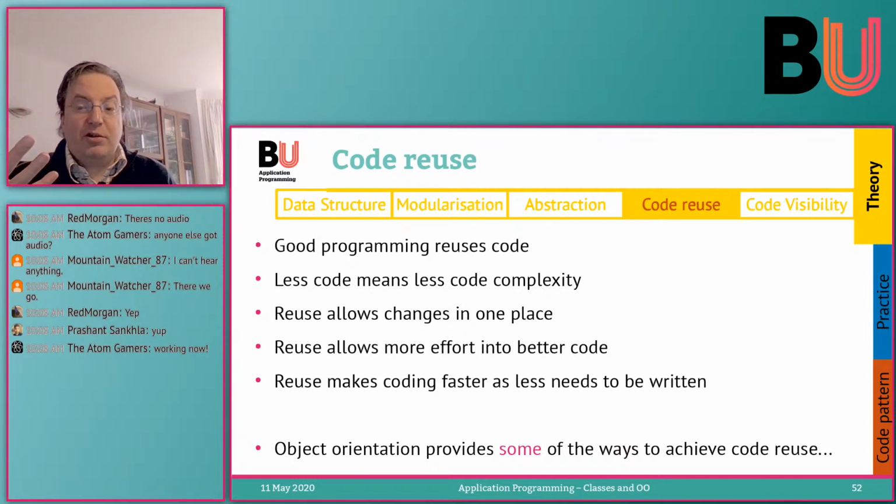Inheritance in particular allows you to reuse code in a rather elegant way, but not all code reuse should be done through classes. If you have utility functions that don't really need the state, you can just use them as utility functions outside or as extension functions. So object orientation does some part of code reuse, but not all of it.